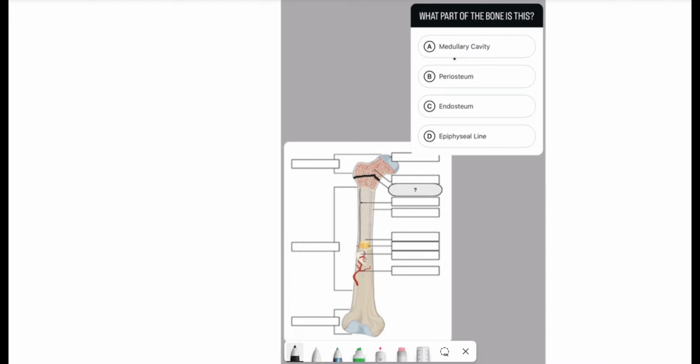So let's look at the options. We have the medullary cavity. Remember, that's going to be in your diaphysis. Periosteum, endosteum. Remember, those are your coverings, your layers, whether it's inner or outer, so won't be those. So it has to be your epiphyseal line. Remember, that line is what replaces the epiphyseal plate after you're done growing.